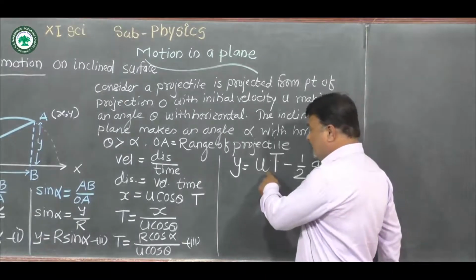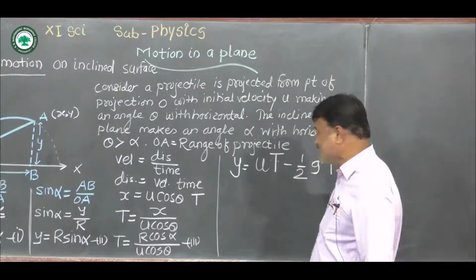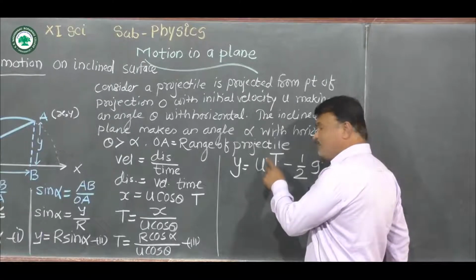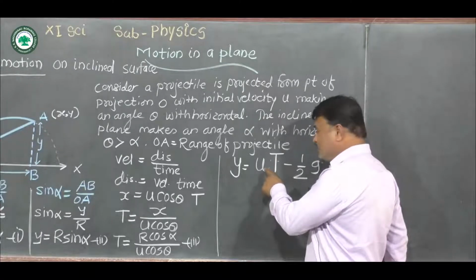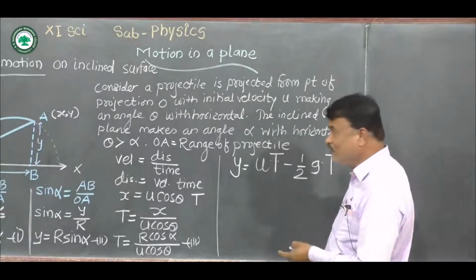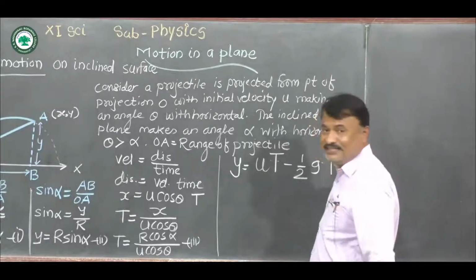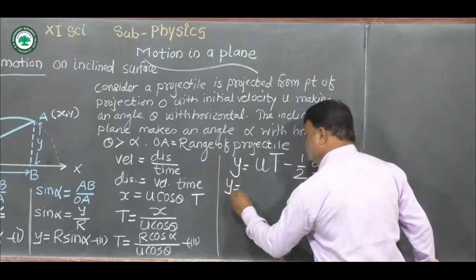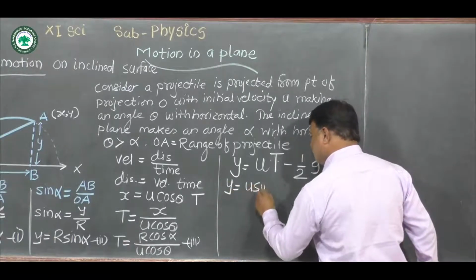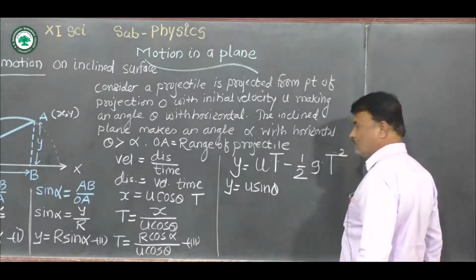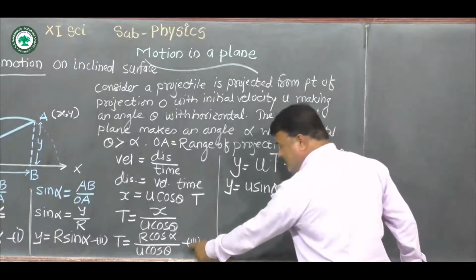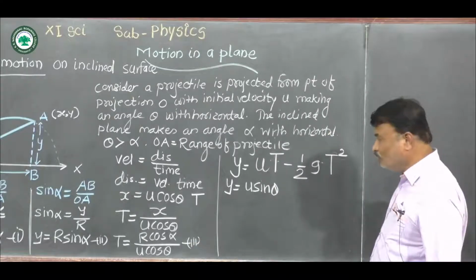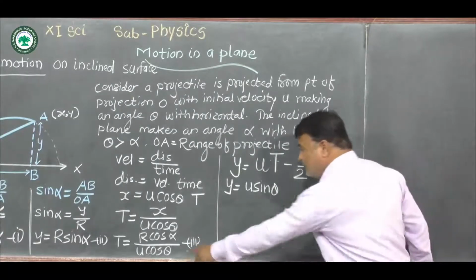Now along the y-axis, the initial component of velocity is u sin theta. So we write here y is equal to u sin theta. According to equation 3, we get capital T is equal to r cos alpha upon u cos theta.